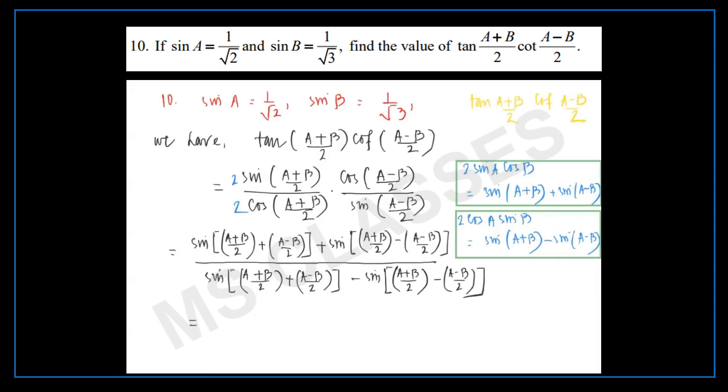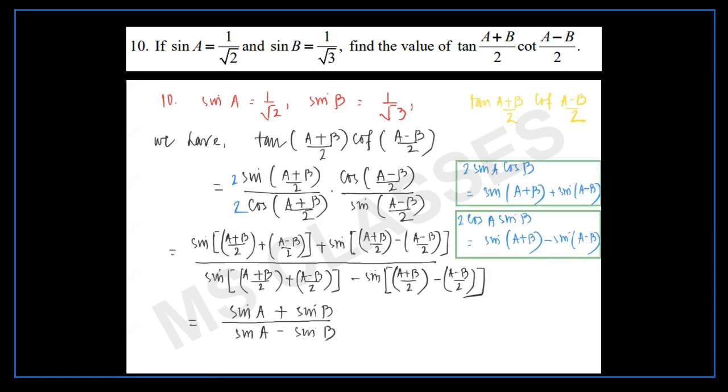This gives us what? Here we have A plus B plus A minus B, that will give us 2A by 2, that will be A. So we have sin A plus sin B whole divided by sin A minus sin B.